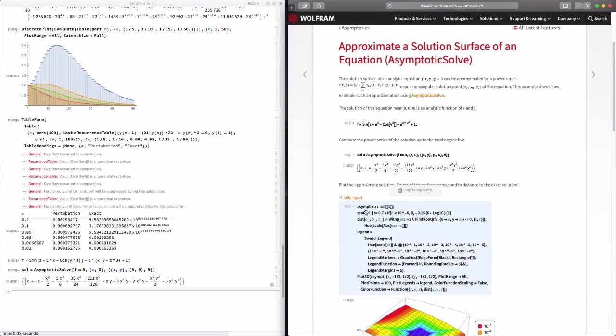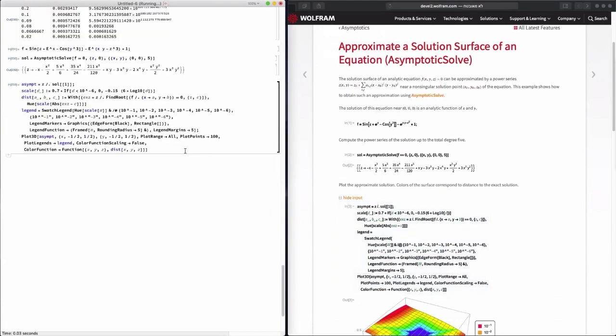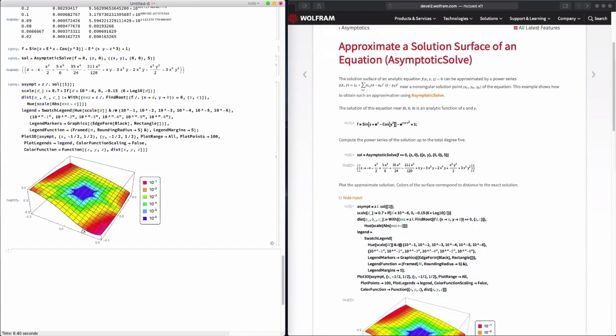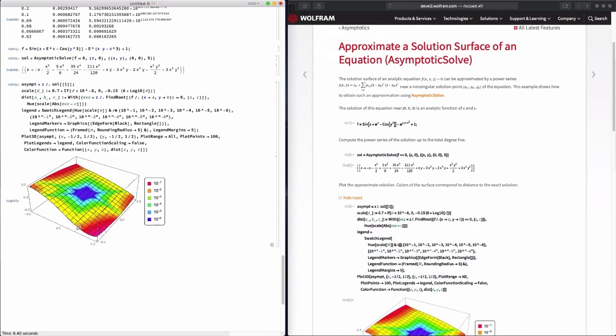And since this is a 3D example, I figure it's probably worth plotting it and letting us see. So we're expanding around where xy is 0, 0.